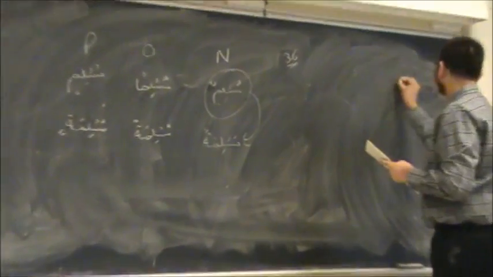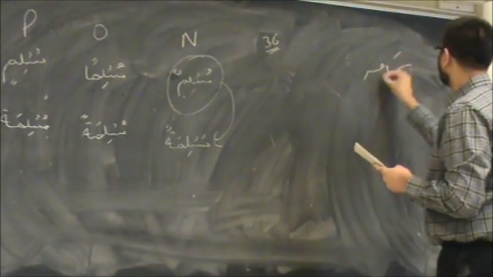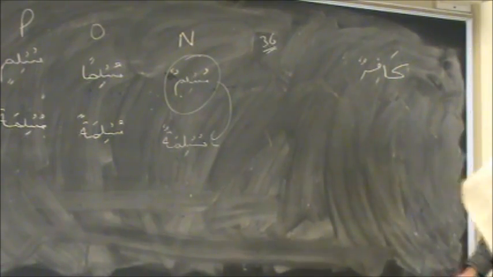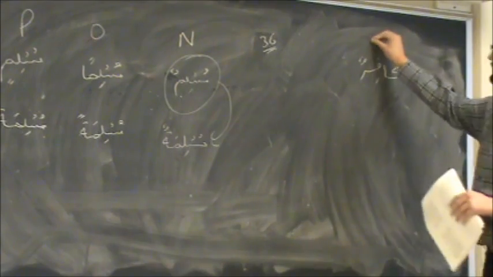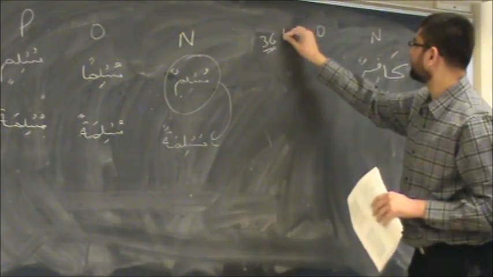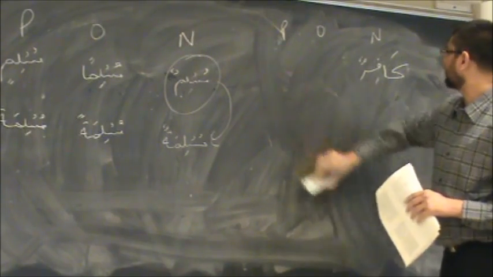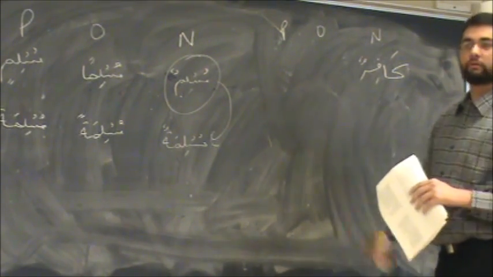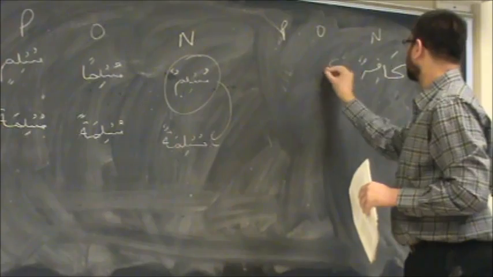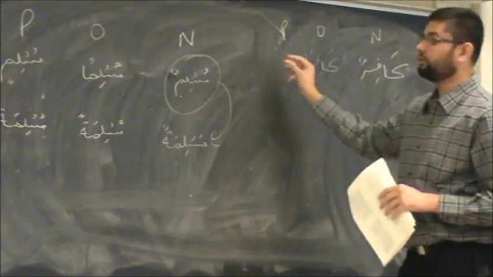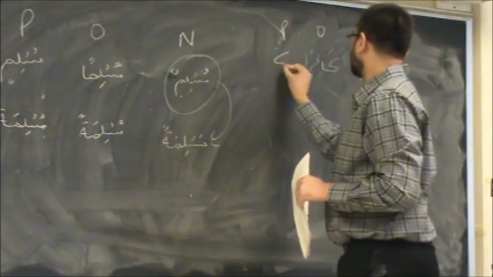So this is kafirun. Okay? You can change its case, right? What will you make it? Here? Kafiran. Kafiran. And here? Kafirin. Right.